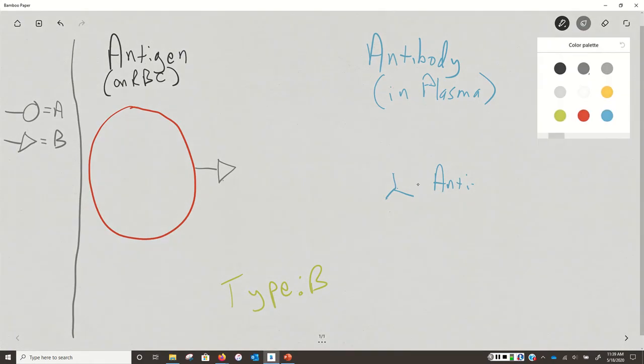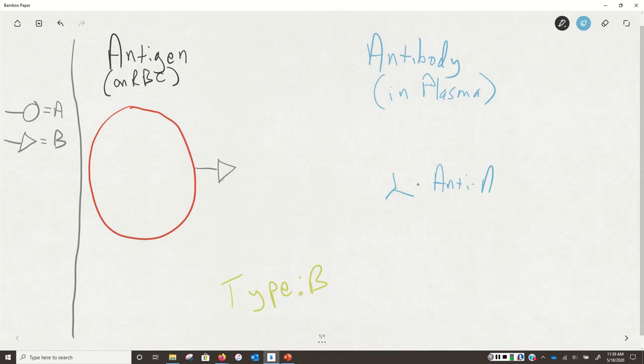And they should never have the A antigen, so they will have anti-A antibodies shaped in such a way that they would fit those A antigens if they showed up.